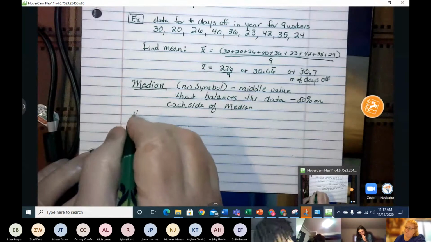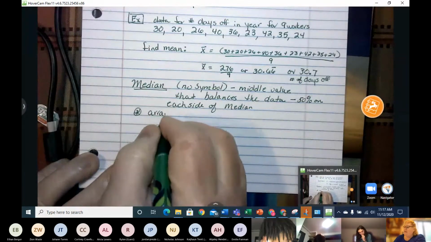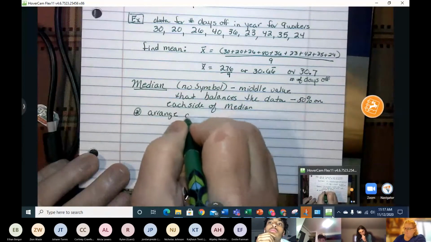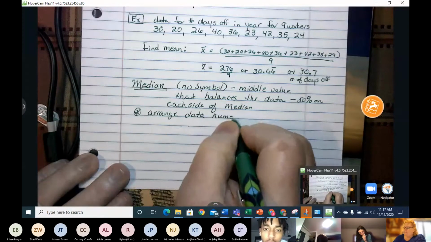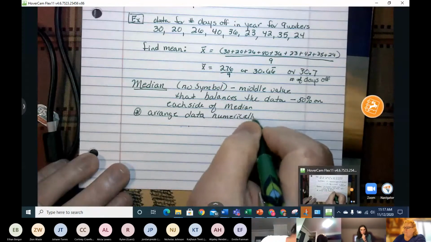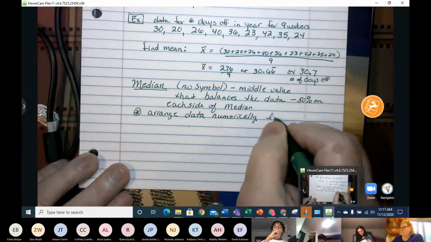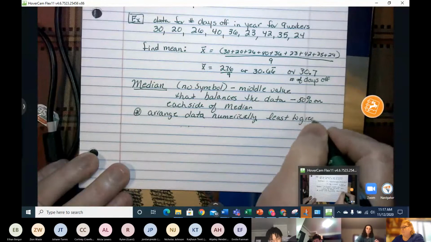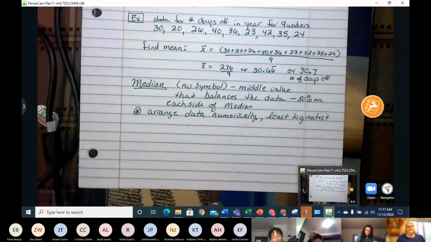The first step is to always arrange your data in order, least to greatest. If you don't do that arrangement first, you're going to have trouble.